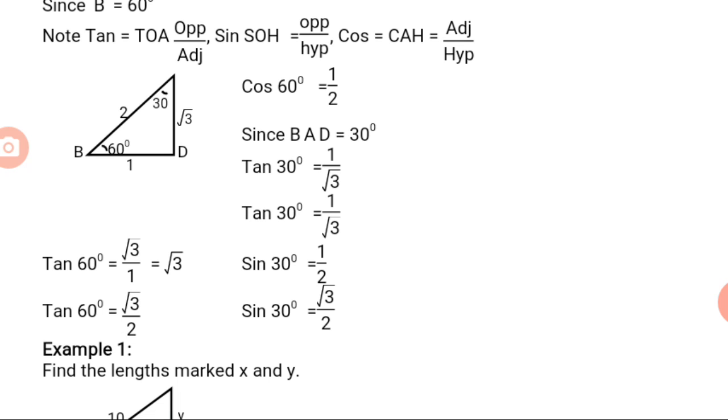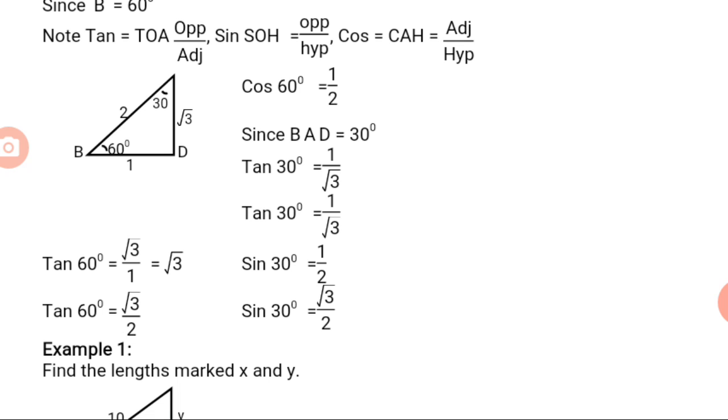The line that is adjacent to angle 60 degrees, that is angle B, is what? Is BD, that is 1. And then the hypotenuse remains the hypotenuse, that is 2. Therefore, cos 60 degrees in this case will be 1 over 2.